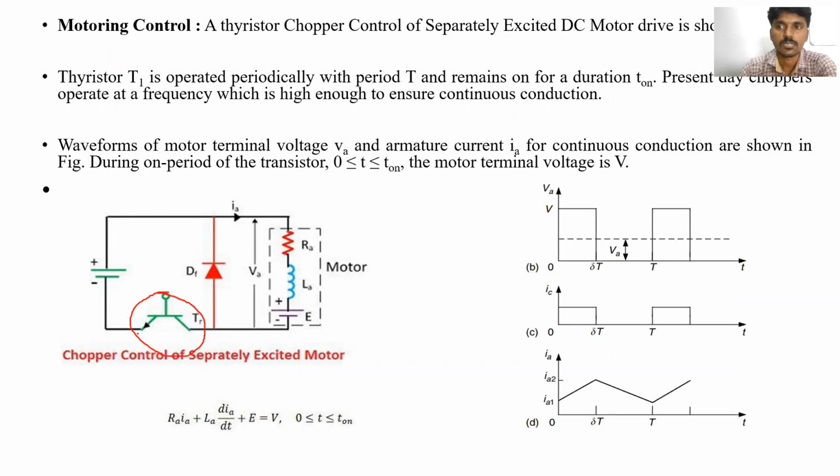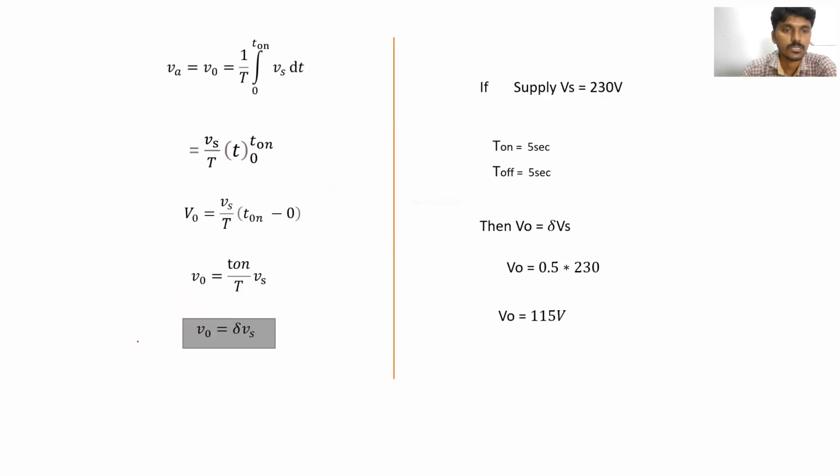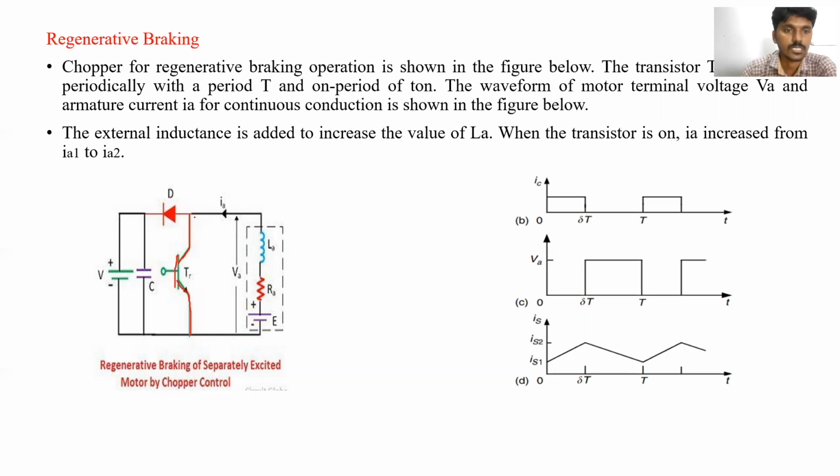In the case of type B chopper, the switch is connected in parallel with the load, or across the circuit. Clear? That is the small difference. And here the diode is connected in this direction.